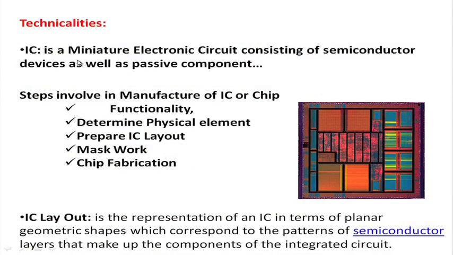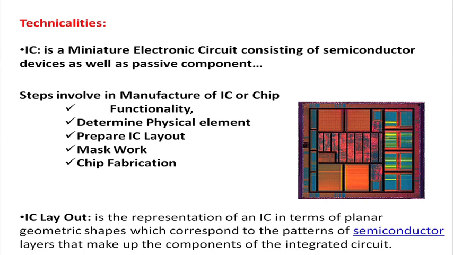Okay. So now let us say what is an IC. I am taking the definition from the book. Definitely you know that an IC performs integration or integrated functions. An IC is a miniature electronic circuit consisting of semiconductor devices as well as passive components. Sometimes I tell you it contains capacitors, transistors along with other circuitry elements.